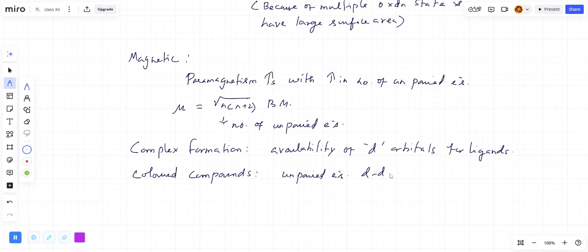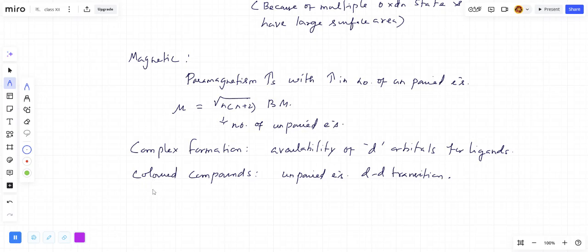Because of this, they form colored compounds. Due to the absence of unpaired d electrons, they will be colorless.